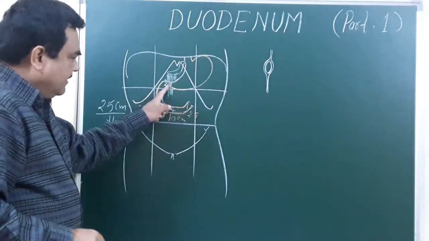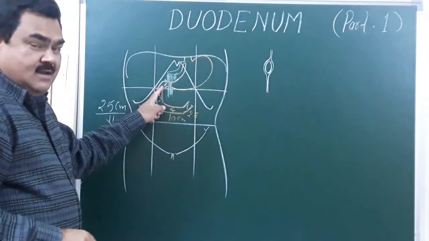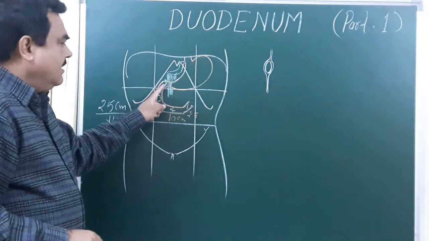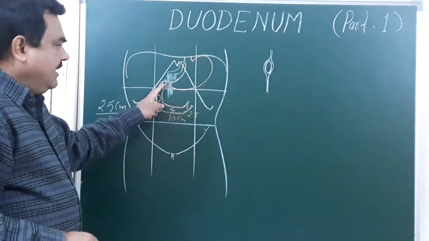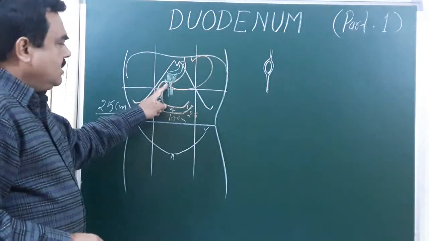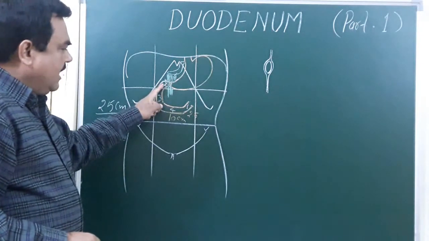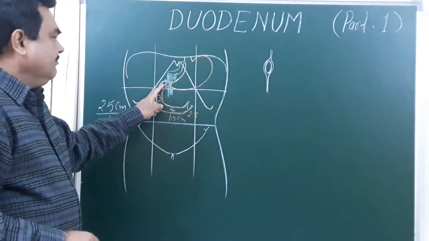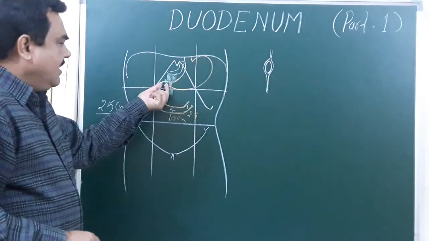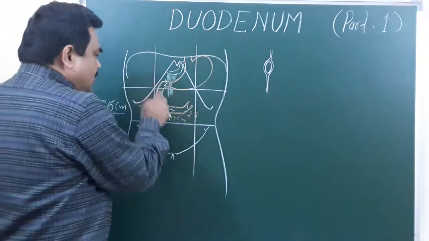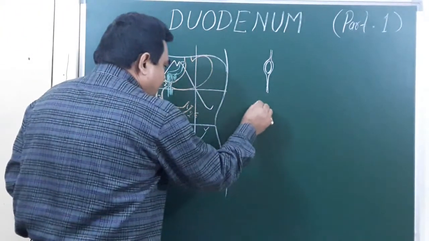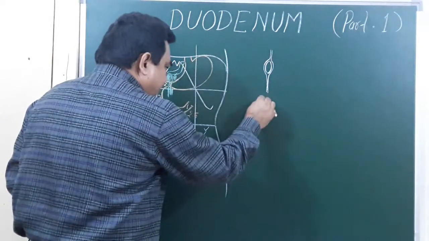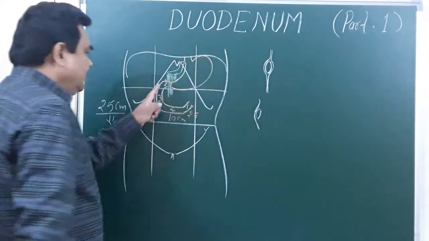It covers this. And this is the distal or lateral half part, that means the lateral 2.5 centimeters, it is retroperitoneal. This portion is only covered on the anterior side.